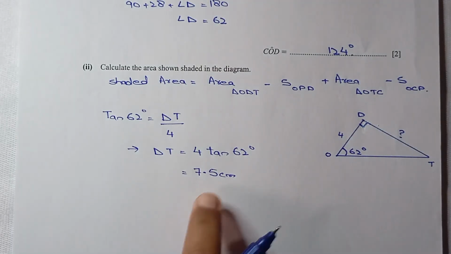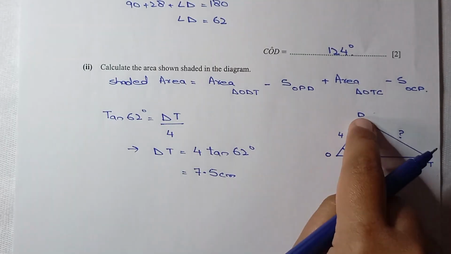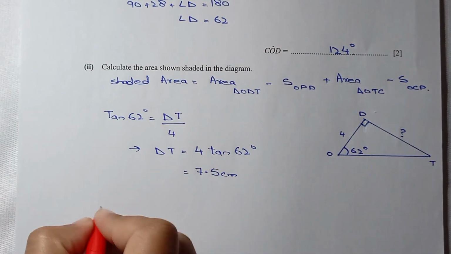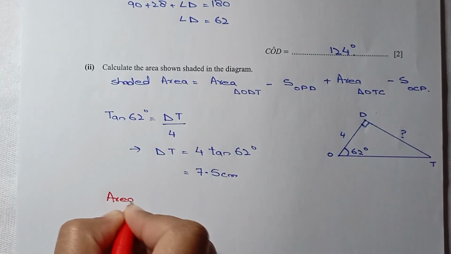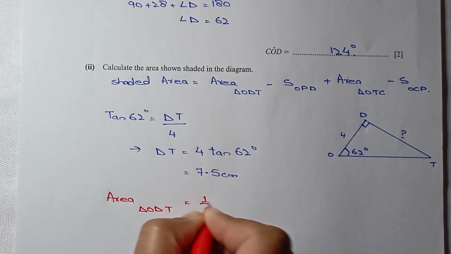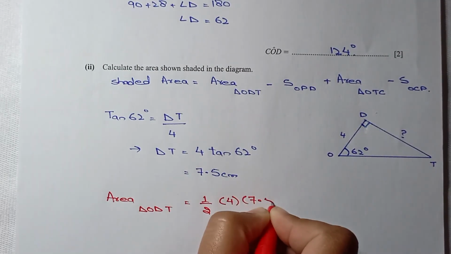So if DT is 7.5 centimeter, how can you find the area of this triangle ODT? So area of a triangle ODT is half, base is 4, and the height is 7.5.